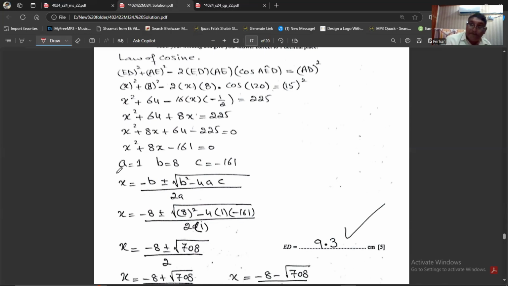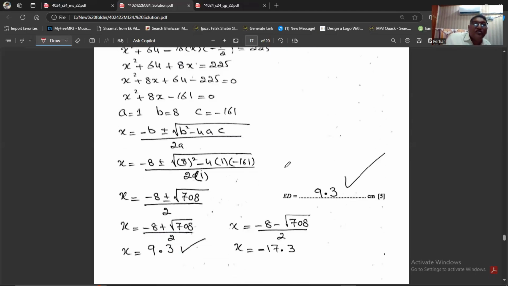I'm going to apply the quadratic formula. It's a 5 marks question. So the a value here, the coefficient of x square, is 1, the coefficient of x, b, is 8, and the constant term c here is minus 161. So now I will apply the quadratic formula, which is x is equal to minus b plus minus under root b square minus 4ac, the whole thing divided by 2a.